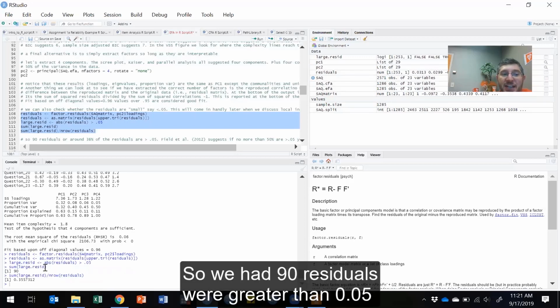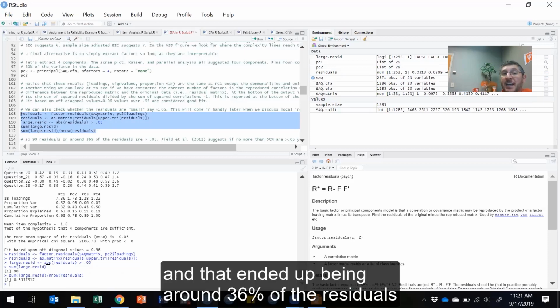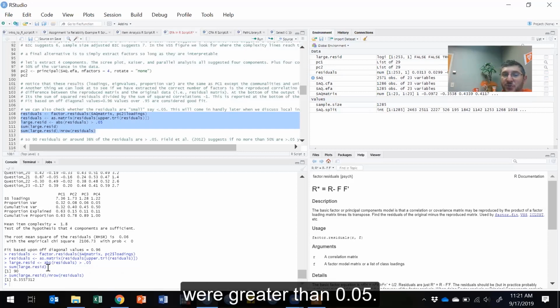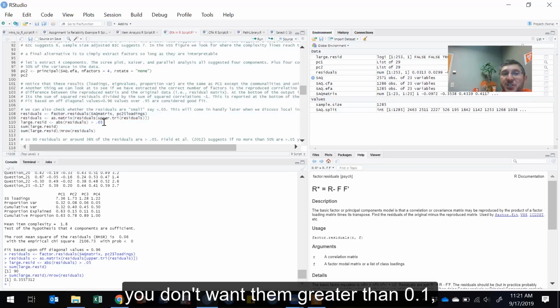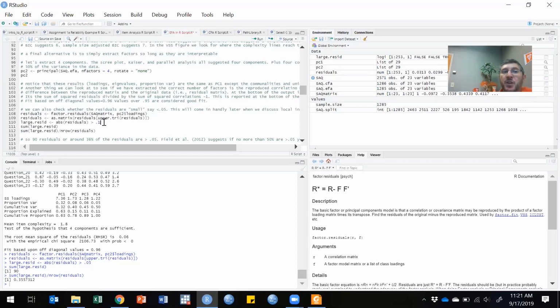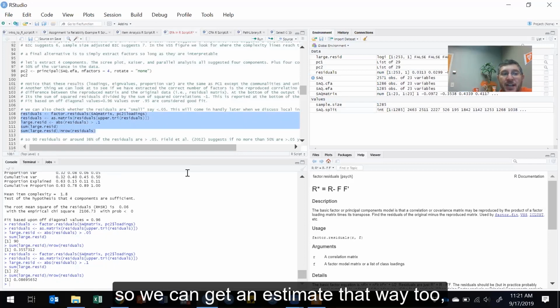So we had 90 residuals greater than 0.05, and that ended up being around 36% of the residuals. I've also seen some people suggest you don't want them greater than 0.1, so we can get an estimate that way too.